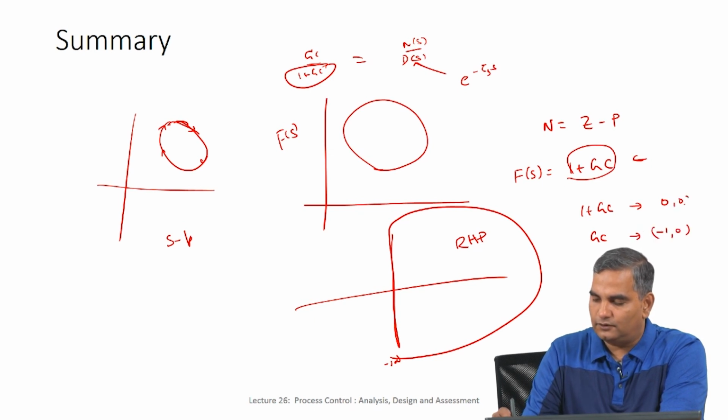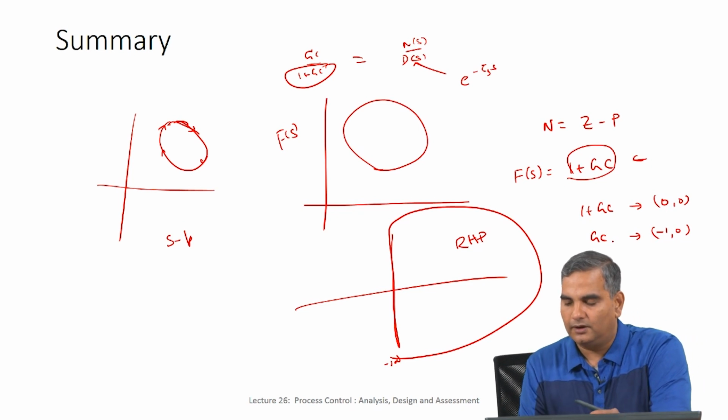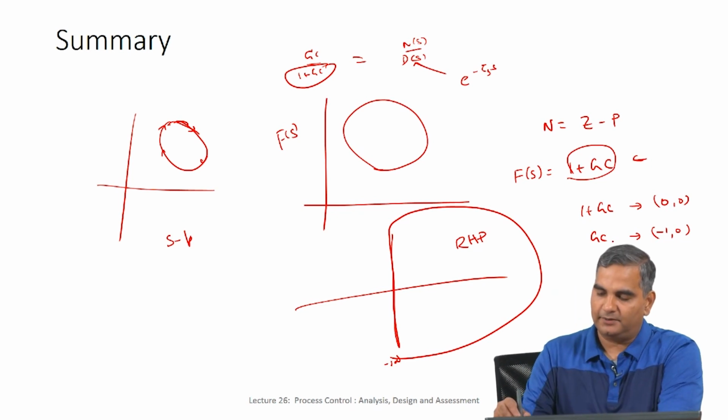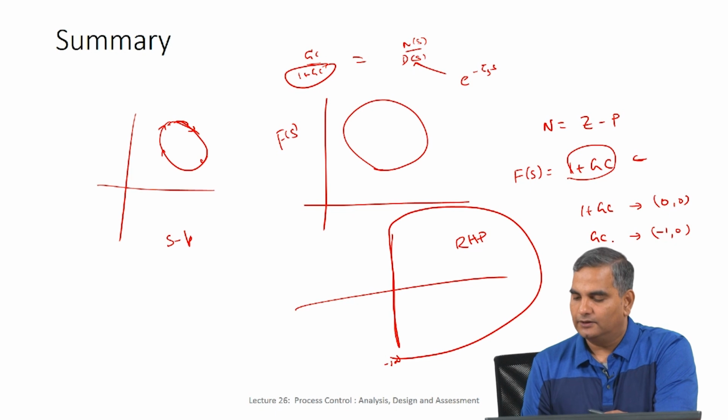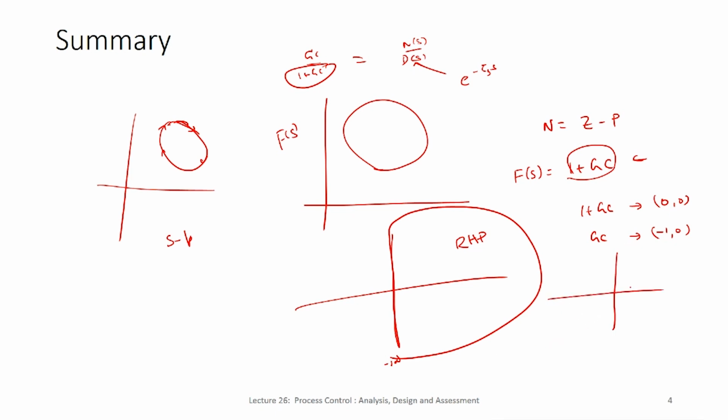So, this is 0, 0 basically because we are talking about a complex number. So, there has to be a real part and imaginary part. Okay. So, basically if you are looking for encirclements around here, which is the 0, 0 point for 1 plus GC, because when we do GC we have to subtract 1 from everything, we have to look for encirclements around minus 1, 0 when we look at GC.